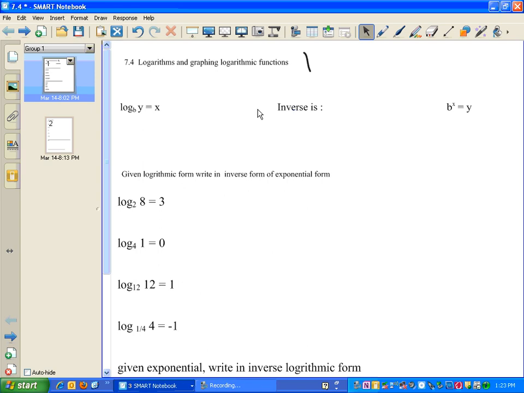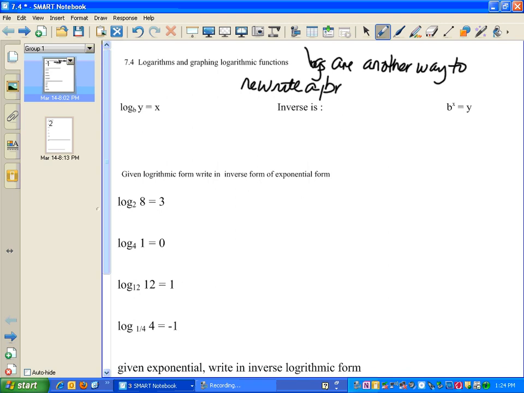Okay. All right, so logs are another way to rewrite a problem, an exponential problem, a problem with exponents.